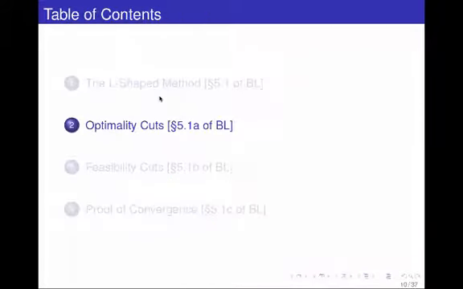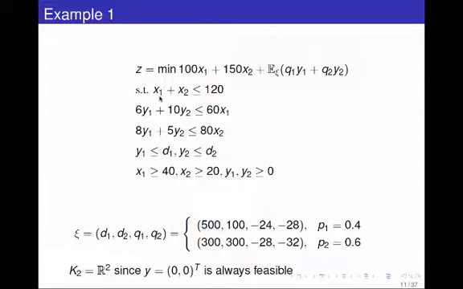Okay, so the first, okay, let's see how optimality cuts are generated in a specific numerical example. And this is our stochastic program here. So we have 2 first stage decisions, x1 and x2. And we have randomness showing up in 4 parts of the problem.